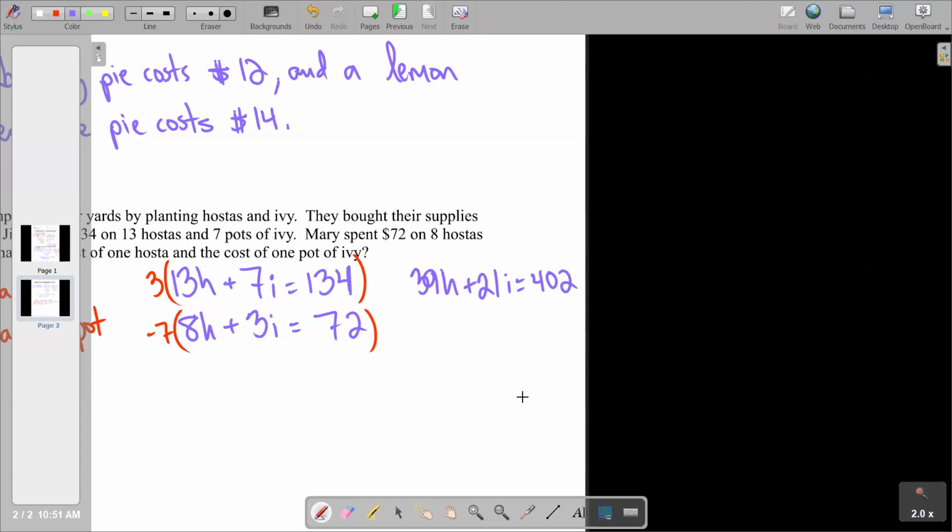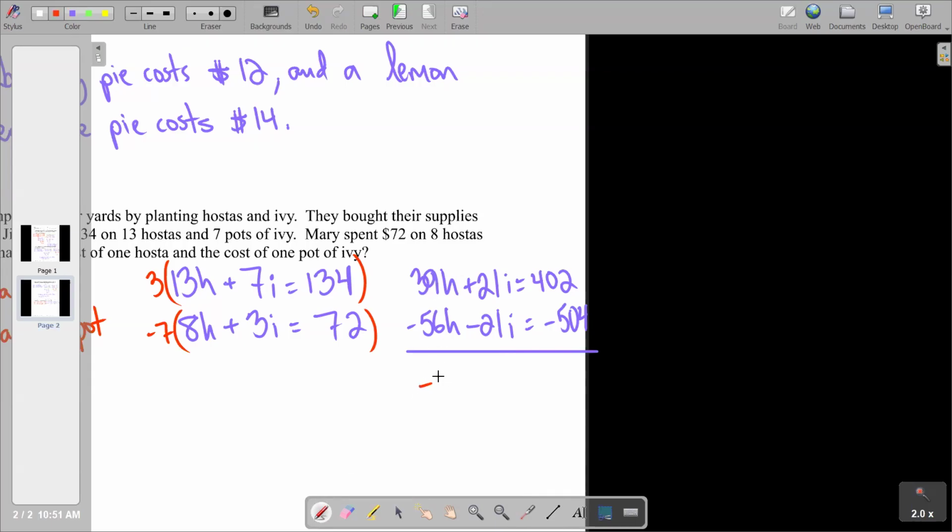Okay, bottom equation, what do we get? Negative 56h. So minus 21i equals, how about negative 490 plus 14, 504. And then let's add them together. How many h's do we get?